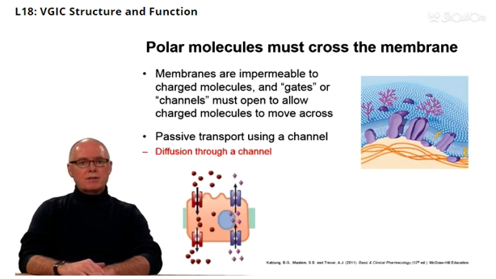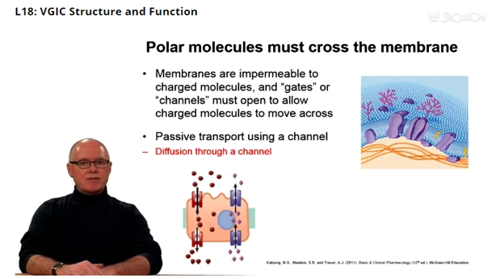Therefore, these molecules must rely on a carrier or a channel in order to cross, and this is called passive transport. Carrier proteins and channels rely on the property of molecules to diffuse down their concentration gradients, and therefore they don't require an input of energy.